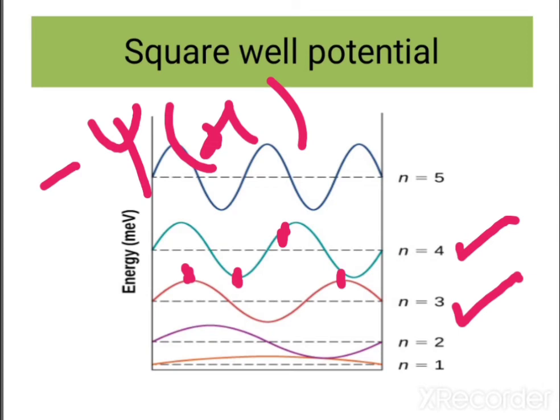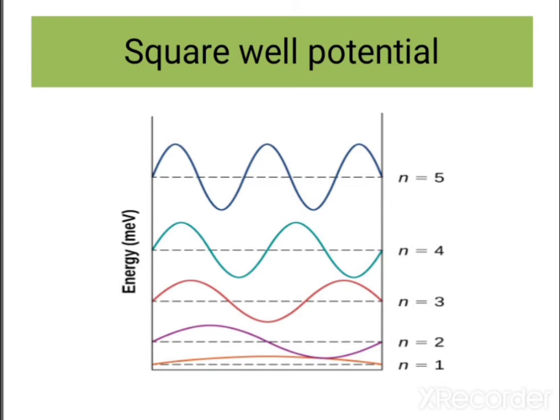So you can see here that there is a pattern of alternating symmetric and anti-symmetric behavior, or you can say even parity and odd parity alternatively. Either the wave function is symmetric with respect to reflection or it is anti-symmetric with respect to reflection.